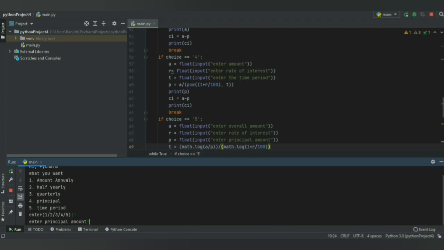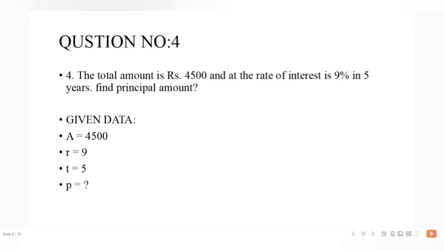Enter the amount 8,000. Interest is 20%. And time period is 2 years. Amount is 11,819. Compound interest is 3,819.